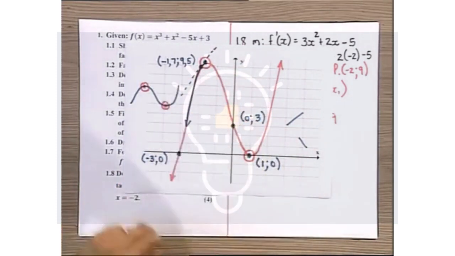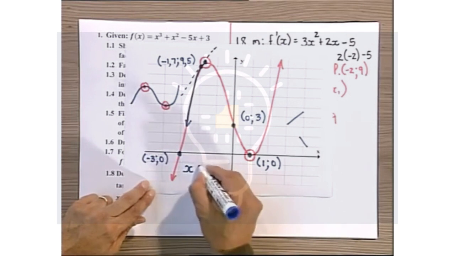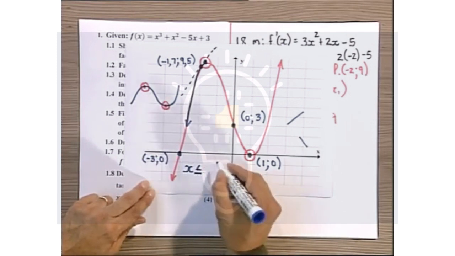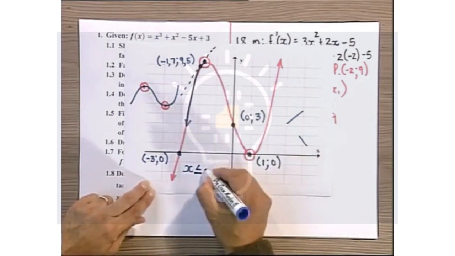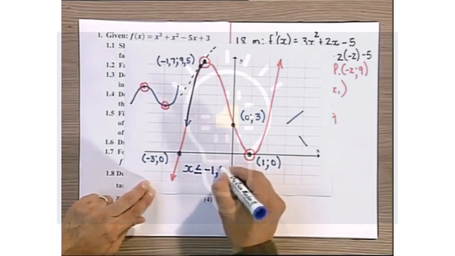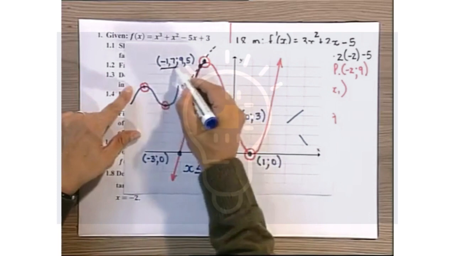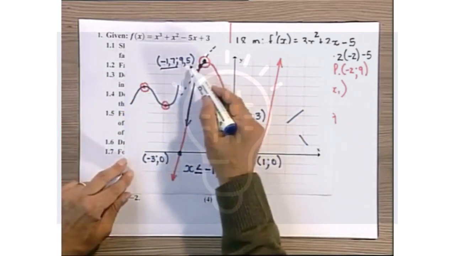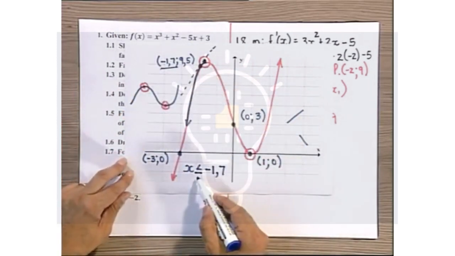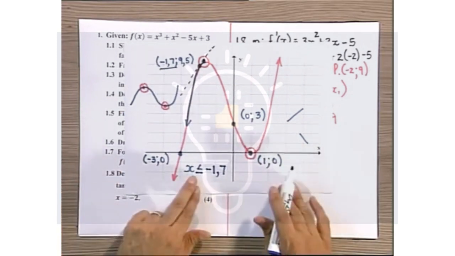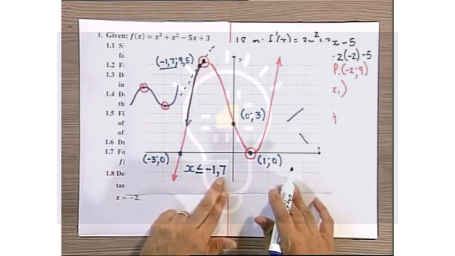So how will we write that? Where x is less or equal than, what is that value? Negative 1.7. Remember that is the x value over there. So on the left of that, the value decreases. Therefore, it is where x is less or equal than negative 1.7.